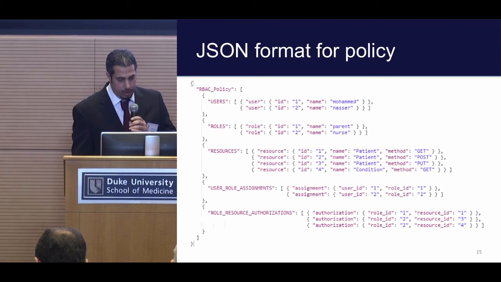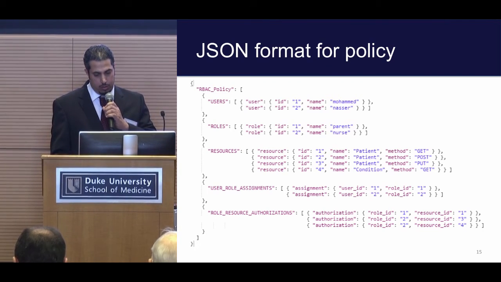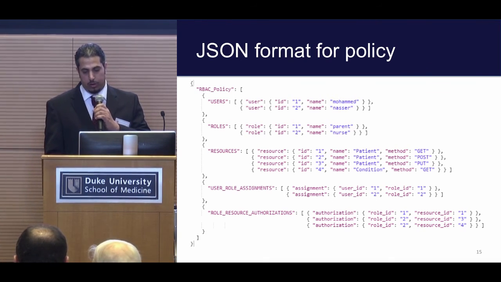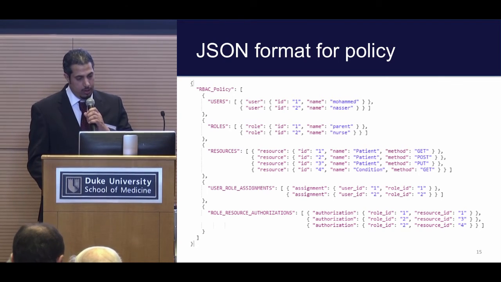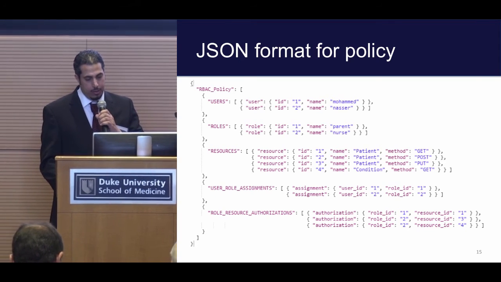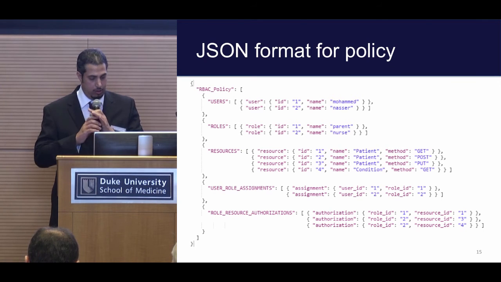So, if we assign a user with ID 1 to role ID 1, which is a parent, and role ID 1 can access resource ID 1, which is patient get, that means this user can just access a patient resource on the get method. Everything else is restricted.